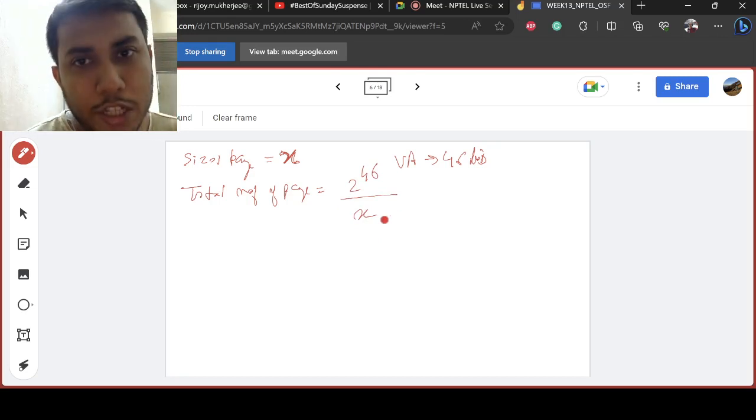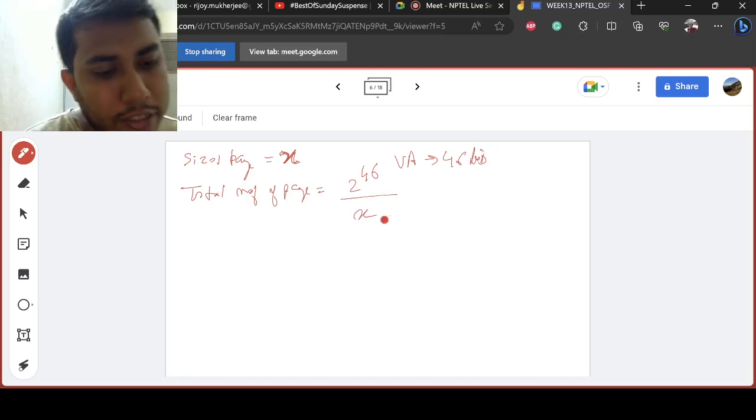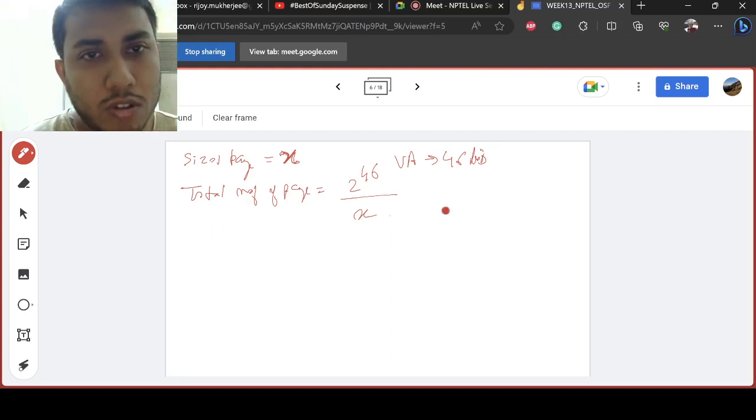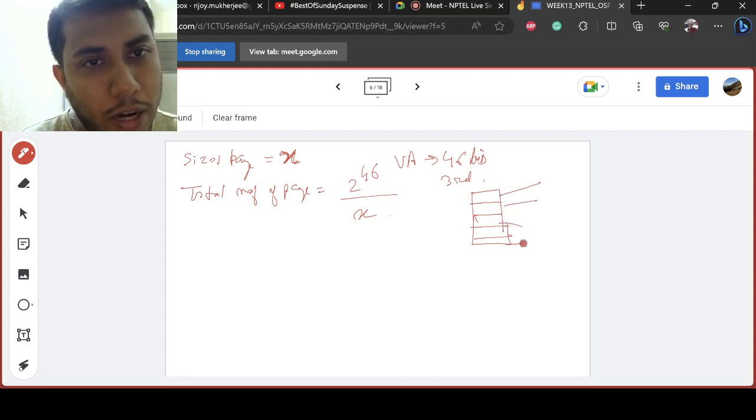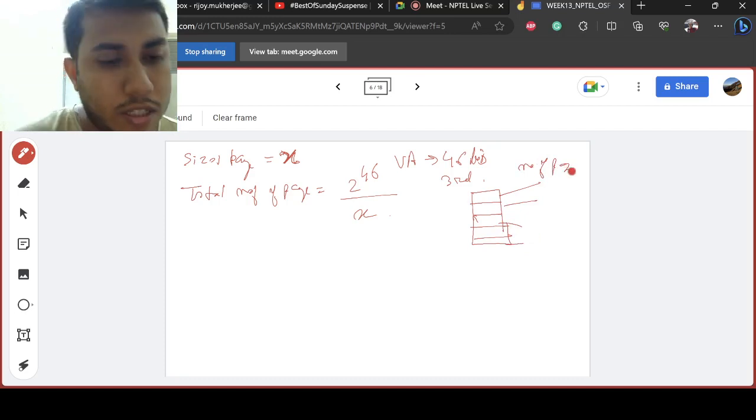Now we should have an entry for each page in the last page table. As we saw in the last example, each entry of a third level page table must point to one of the pages, because that's the way translation happens.